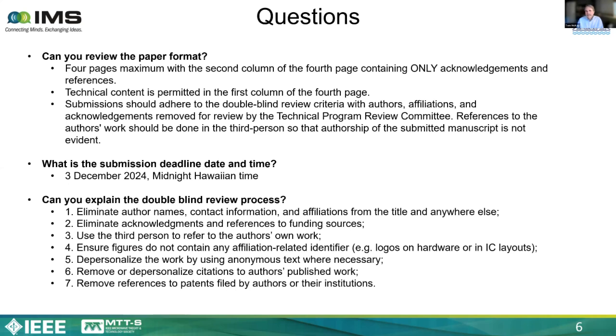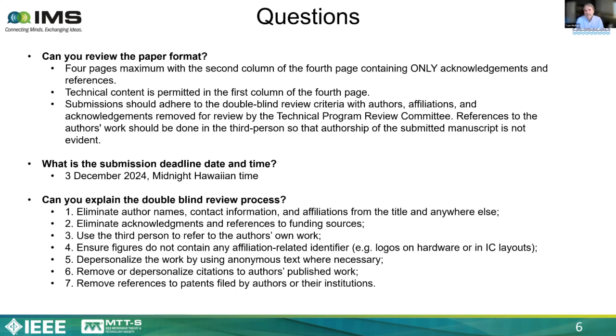And then 7th, often papers may result in a patent, and you want to share that that's been done, but in the paper submission, you want to remove those, because those would be a way to identify the affiliation or the author's name, because the patent could be followed up.